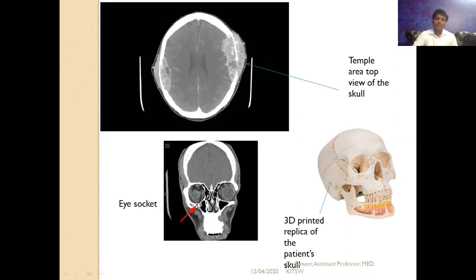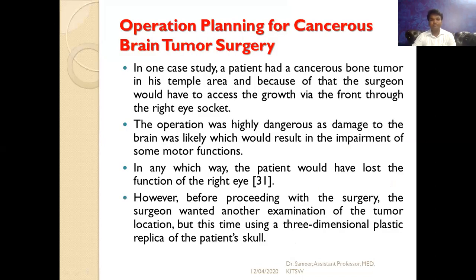If the surgery is performed from the eye socket, the patient would lose his eye. So the doctor wanted to view a 3D replica of the patient's skull, and the 3D replica was manufactured using the additive manufacturing process, and the exact profile of the skull was manufactured using additive manufacturing.